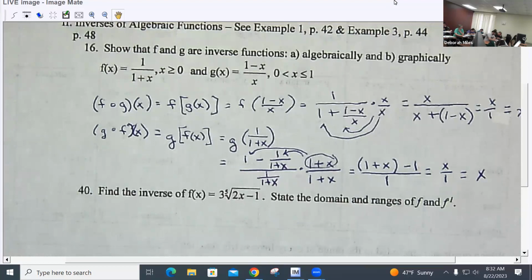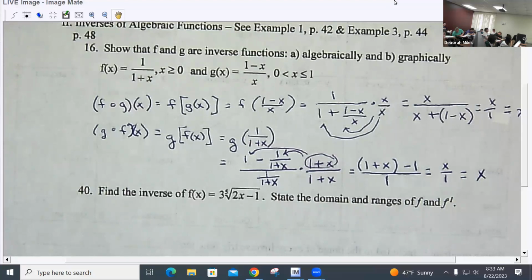From x's go from 0 to 1, and my y's, how am I going to figure out what my y's need to go to? I want to look at that part of the graph and then I'll zoom out.